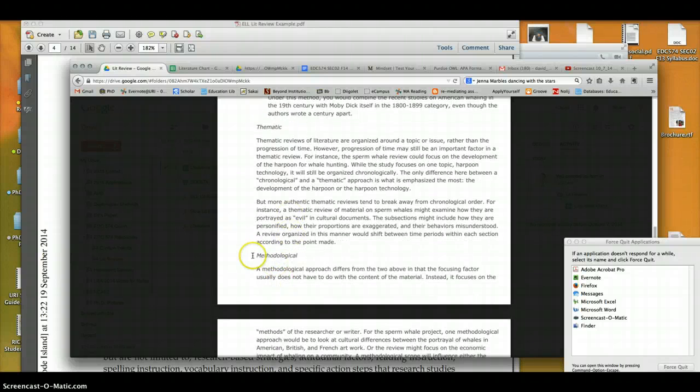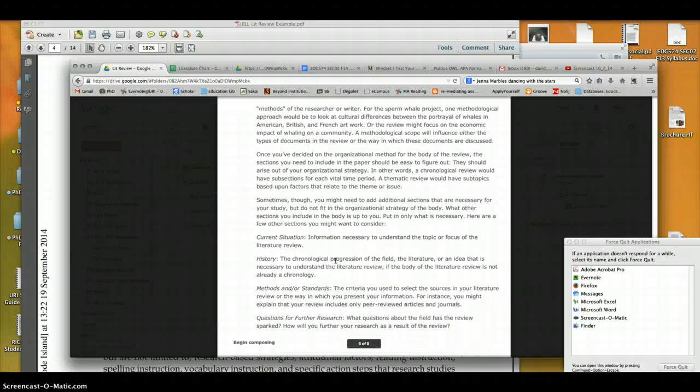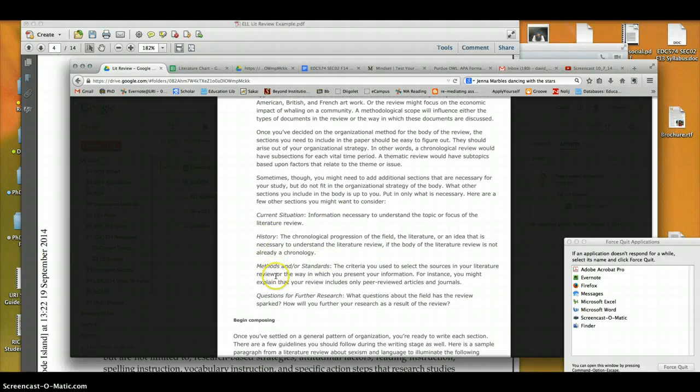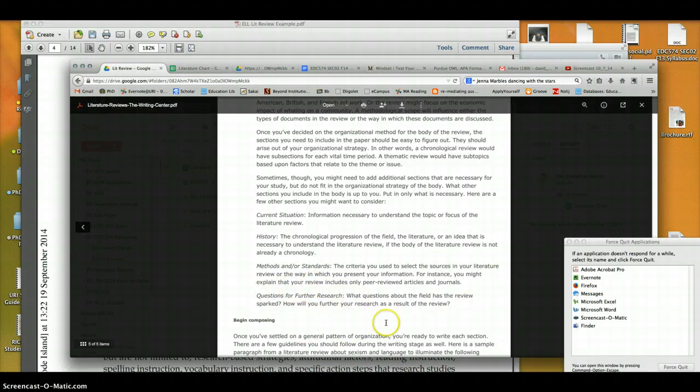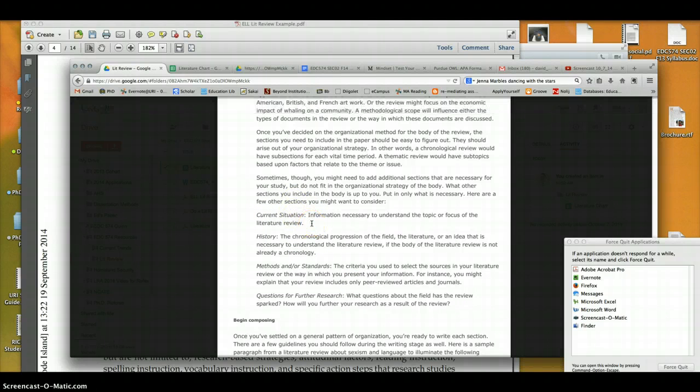You can look at it through methodology, so what kind of findings are yielded using different types of methods. You can use a historical, methods and standards, and then make sure that you have questions for future research, and also kind of a current situation. So even if you're doing that kind of historical or chronological, what's the current on the ground situation look like?